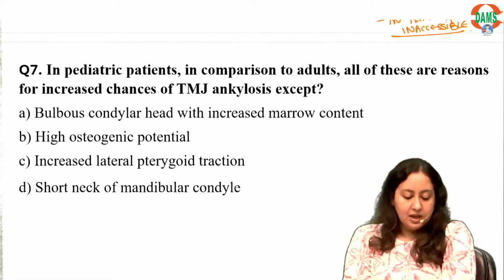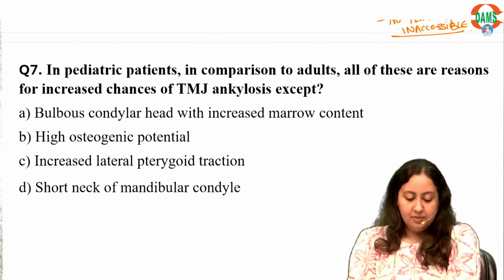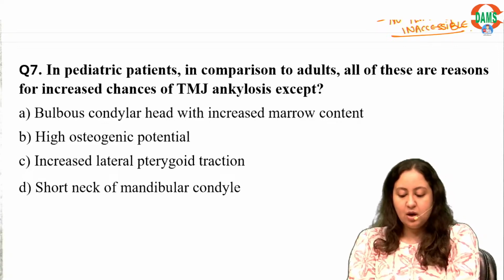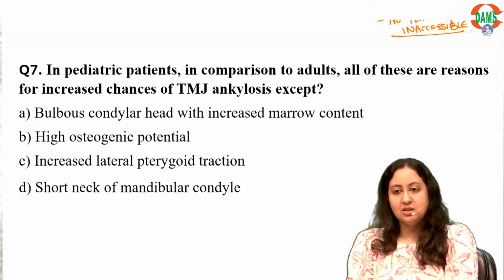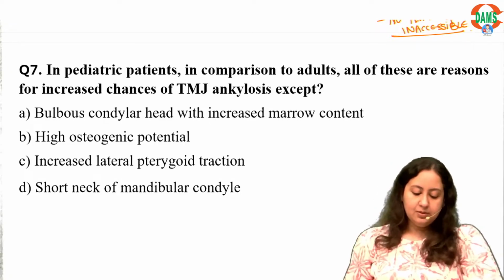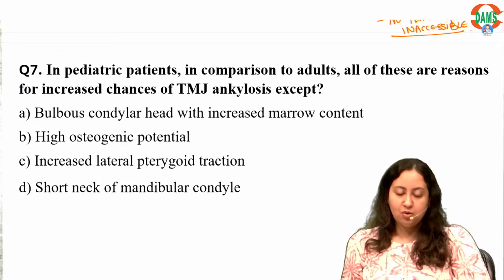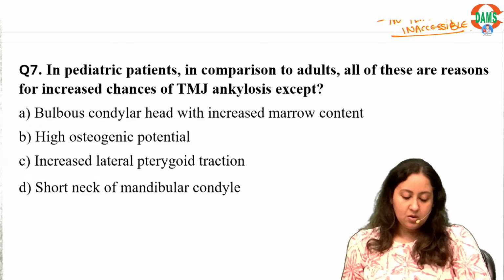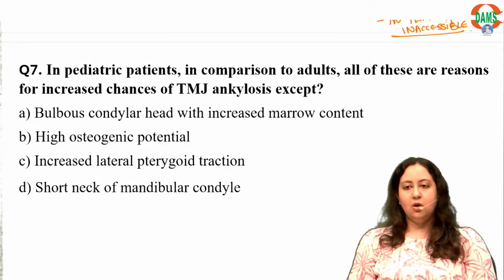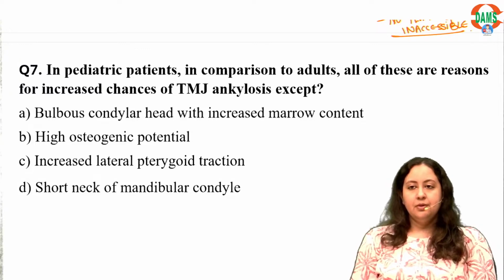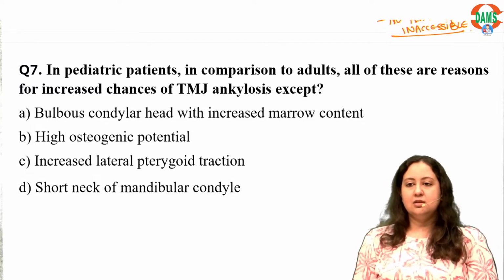Now let's come to question number 7. In pediatric patients in comparison to adults, all of these are reasons for increased chances of TMJ ankylosis except: A. Bulbous condylar head with increased marrow content, B. High osteogenic potential, C. Increased lateral pterygoid traction, and D. Short neck of mandibular condyle. I'd like to know the answers to this question.